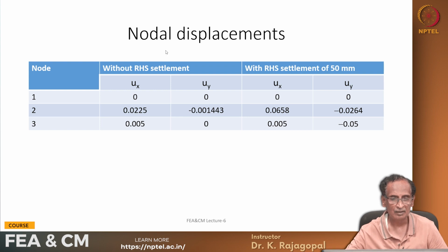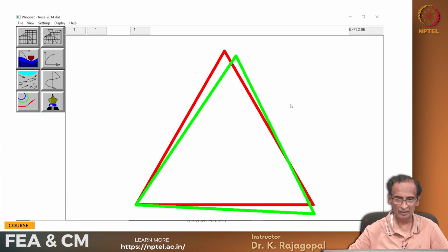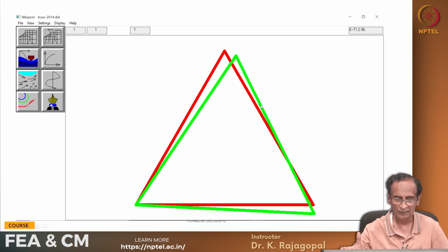Okay. So here is the tabulated nodal displacements. This is x direction displacement and y direction displacement. This is without right hand side support settlement, whereas this is with a settlement of 50 mm. And if you graphically look at it, these red lines represent the original mesh, and then these green lines are the deformed mesh.